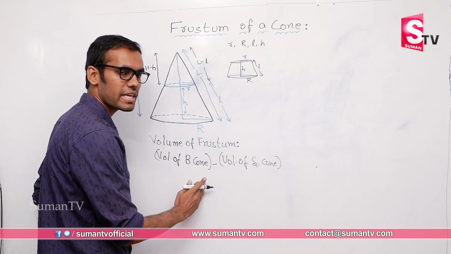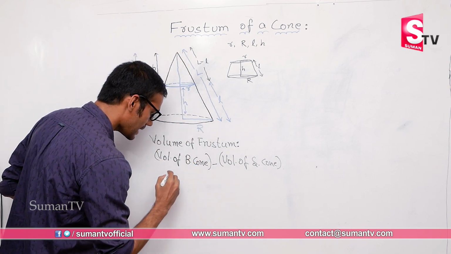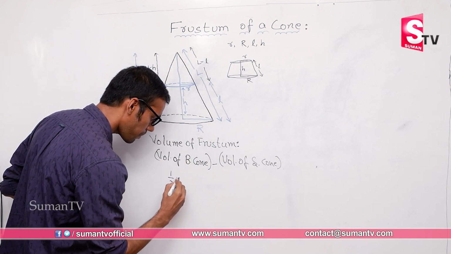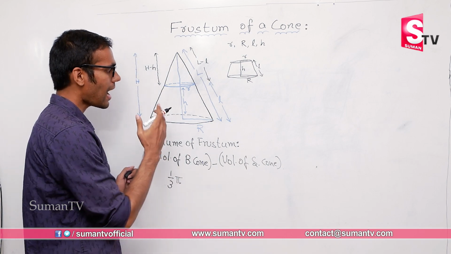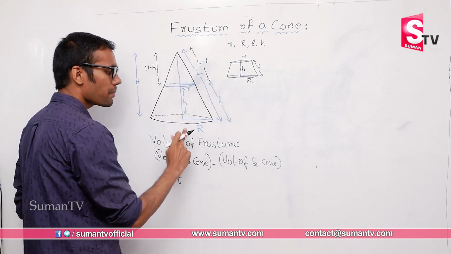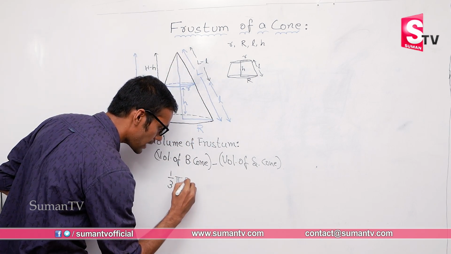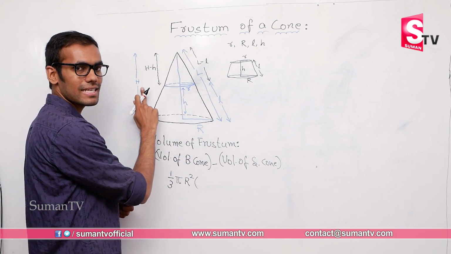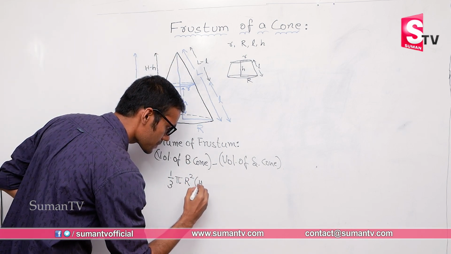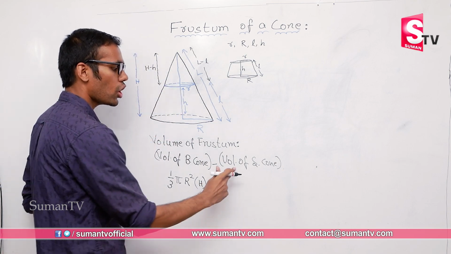Now what is the volume of the bigger cone? 1 by 3 pi R square h, where R is the radius of this base, which is capital R square. And what is the height of the bigger cone? It is capital H, minus volume of the smaller cone.